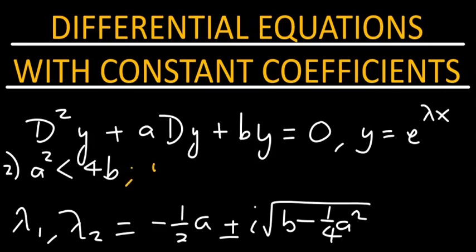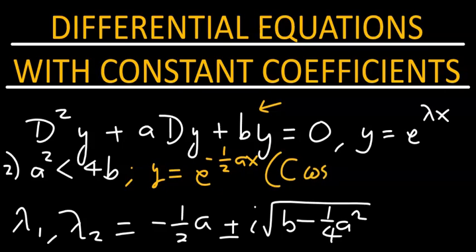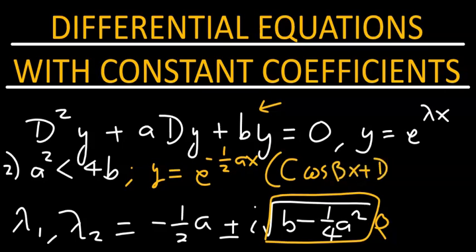For this case, the general solution to this equation will be in the following form: e^(-ax/2) times an arbitrary constant C cosine of this term here, let's call it β, so it's C cos βx plus another arbitrary constant D sin βx.